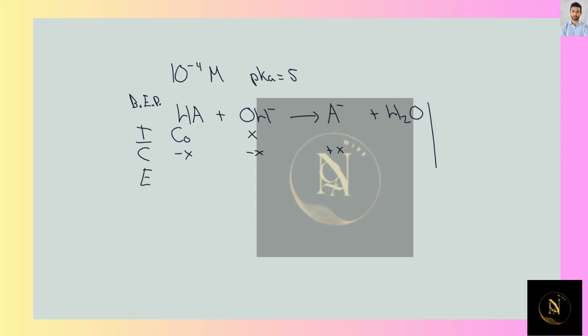That means that at equilibrium, the concentration of HA is going to be C0 minus x, and the concentration of A minus is going to be x. Before the equivalence point, what we have is a combination of a weak acid with its conjugate base.